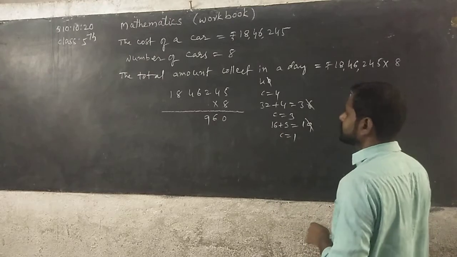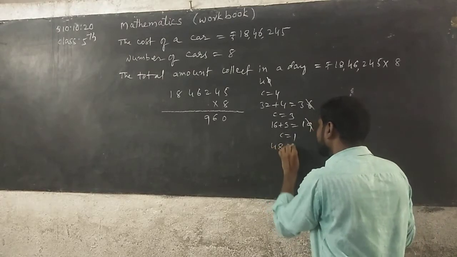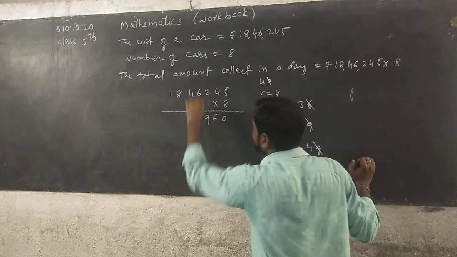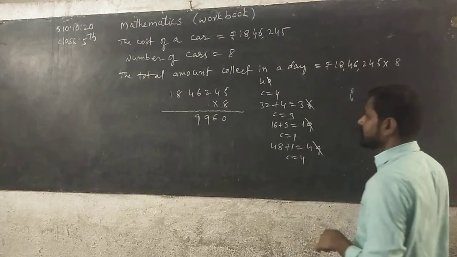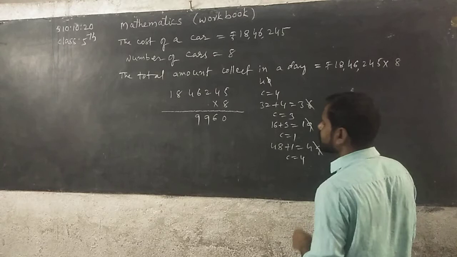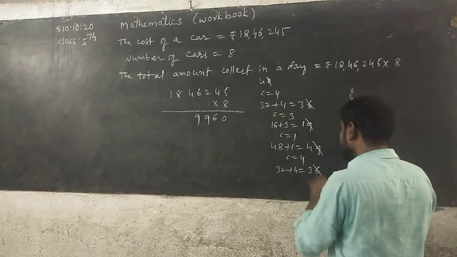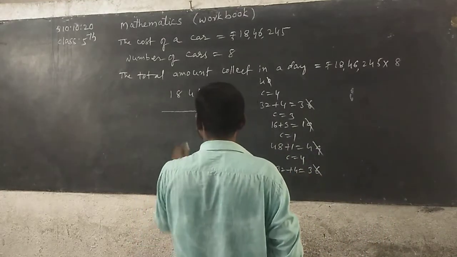Carrying 1. Next 8 6s are 48. 48 plus 1 you can get 49. 9 taking, write down under thousands place of the products. Carrying 4. Next 8 4s are 32. 32 plus 4, 36. 6 taking, write down under ten thousands place of the products.